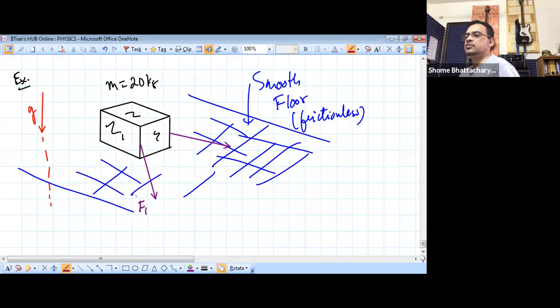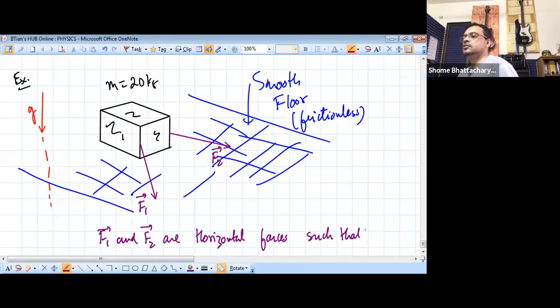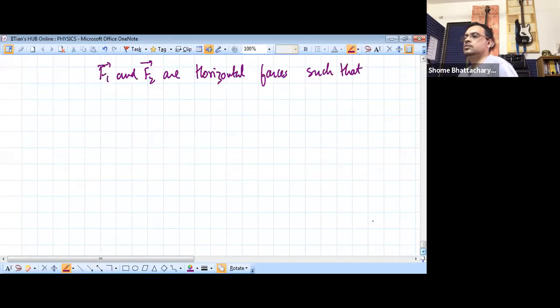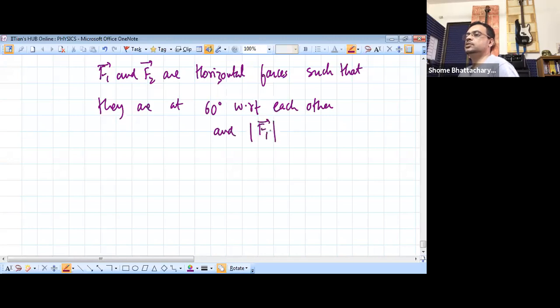So F1 and F2. So F1 and F2 are horizontal forces such that they are at 60 degrees with respect to each other, and their magnitudes are equal to 10 newtons each.